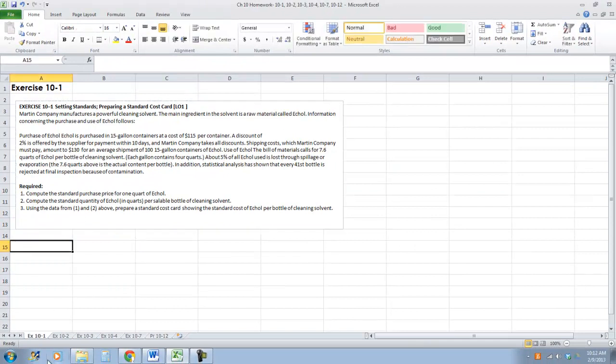Alright, so there's a lot of given information in here. The very first one is step 1, calculate standard purchase price.